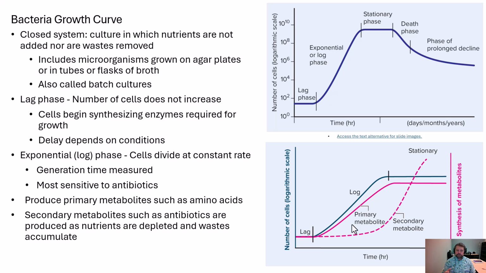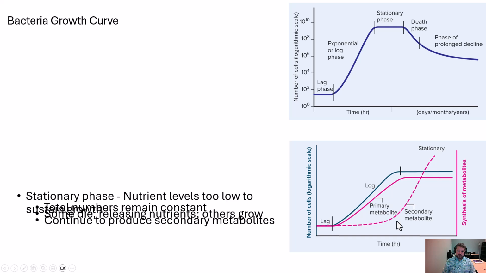These are molecules where we know the pathways very well, we know how they're generated. Those are the primary metabolites, and they help the organisms grow and reproduce. The secondary metabolites come at the tail end of the log phase, or the exponential phase, right before it gets into the stationary phase, and we'll talk about that next.